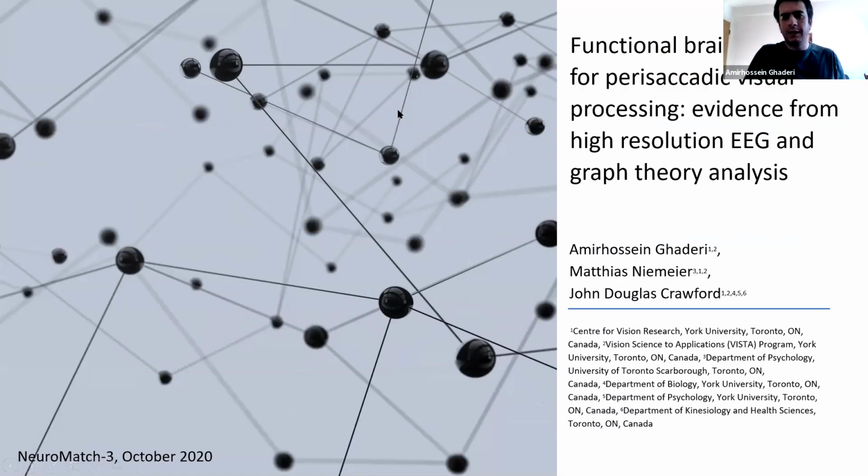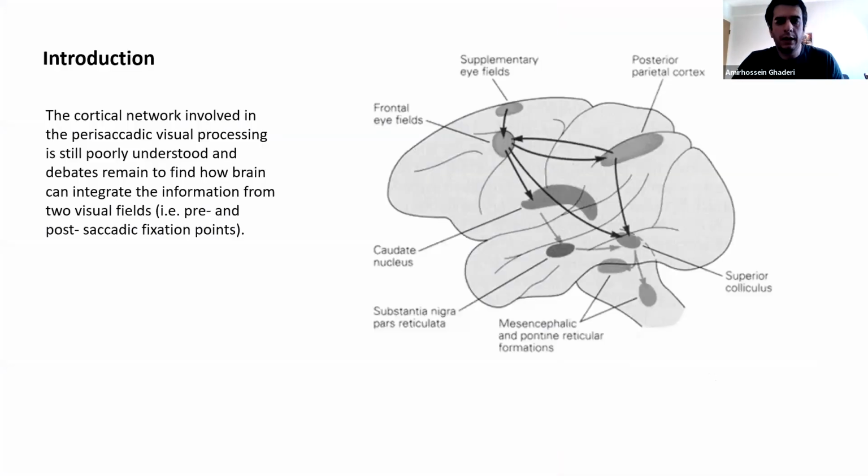Hi, everyone. Thanks for attending my presentation. Here, I want to talk about a functional brain network that is involved in perisaccadic visual processing. We use high-resolution EEG and a graph theory analysis approach for analyzing the EEG data.